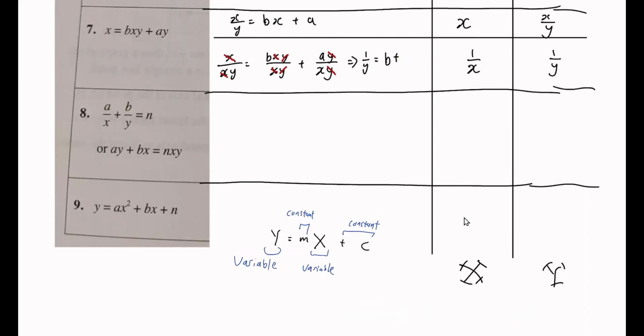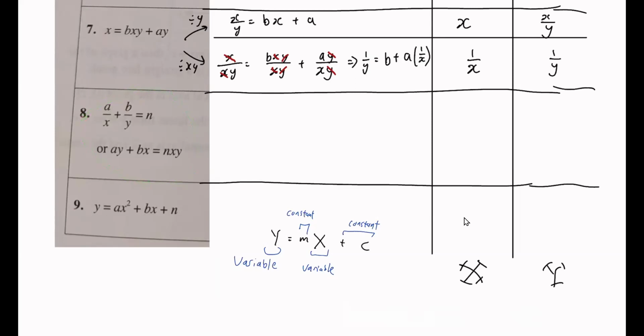Or if I write it more neatly, a times 1 over x plus b. Okay? Yeah, so many different ways. This one is divide by y.